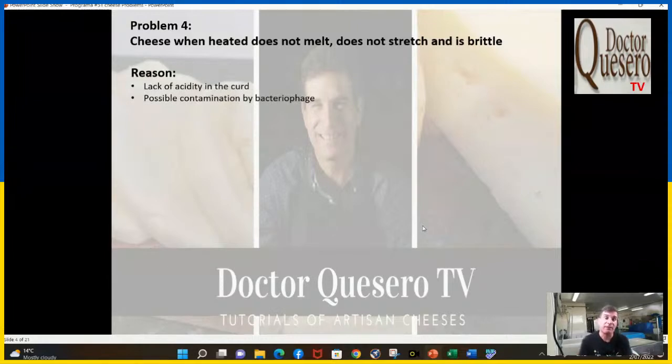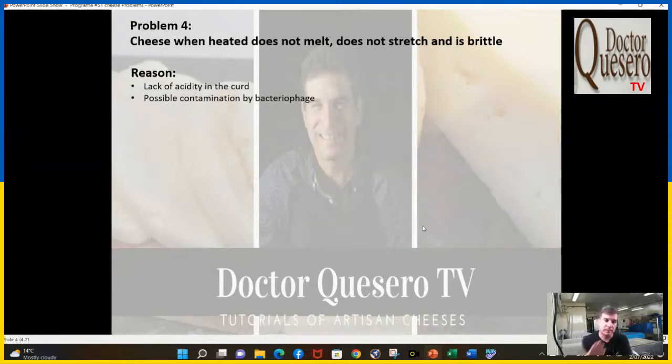They will all die eventually. So that's one reason your cheese does not stretch, because if the bacteria don't produce the lactic acid you need to allow the curd to stretch, your cheese will not stretch. So you're not going to be in the bandwidth between the low level and the high level of acidity.